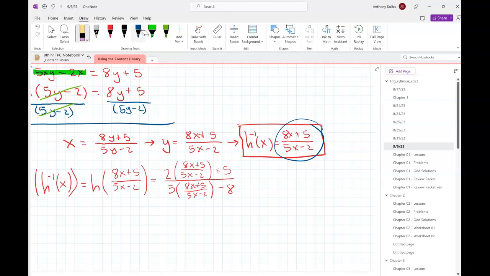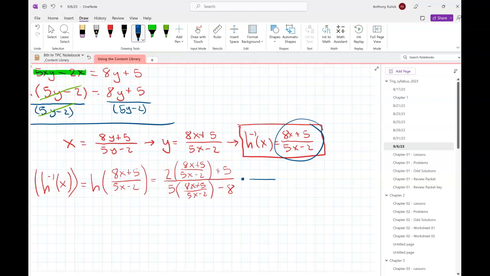The alternative is to clear out the little fractions inside by multiplying this big fraction by 1. So remember, when we make a common denominator, we multiply the top and bottom of the fraction by like 5 on top and 5 on bottom. And it's okay to do that because all we're doing is just multiplying by 1. We're going to do the same idea here, but we're going to choose our 1 carefully.